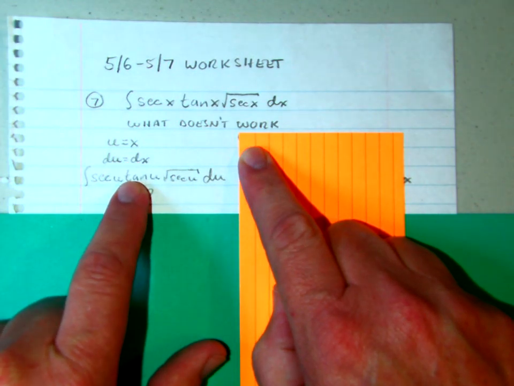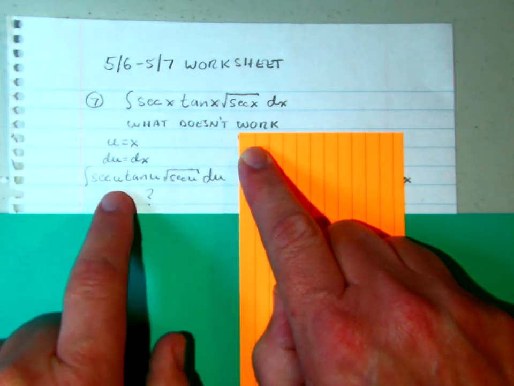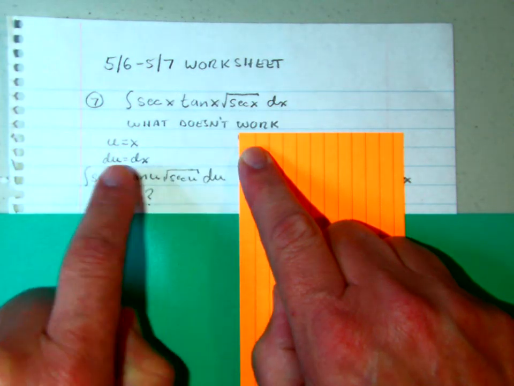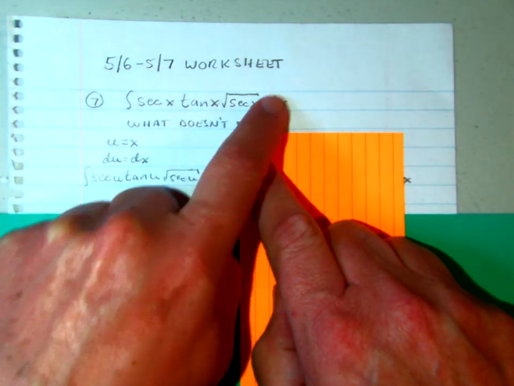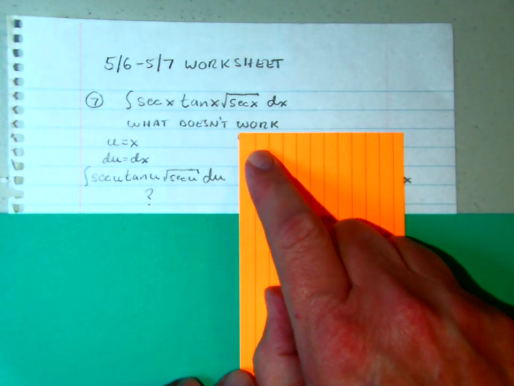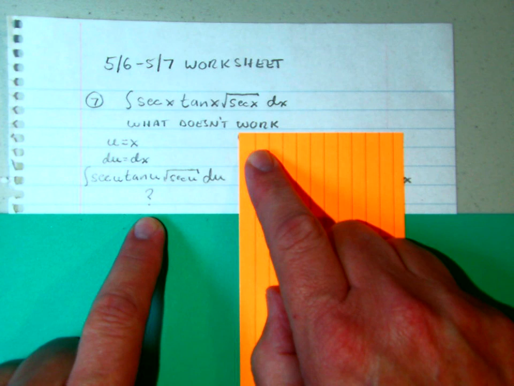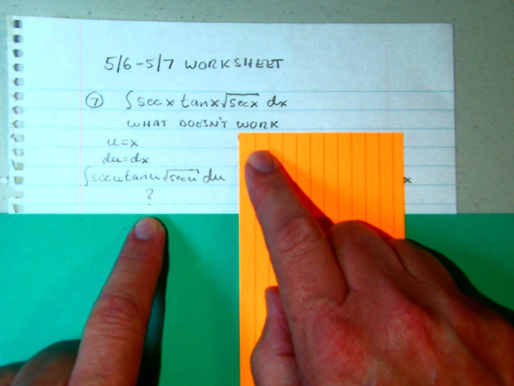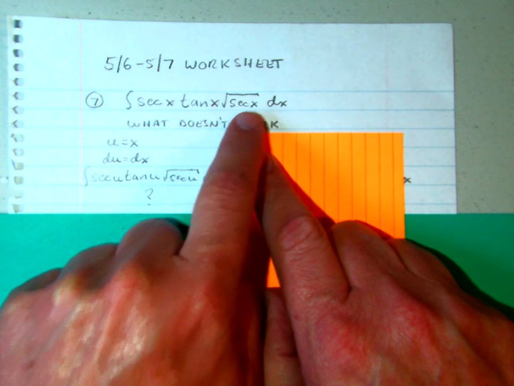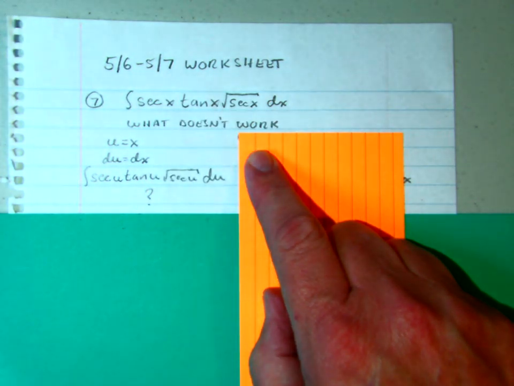When we substitute in, those three x's get replaced with u's, and the dx gets replaced with du, and we basically have the exact same expression back again, except instead of x's, it's u's. So for this particular problem, letting u be the thing that you're taking a trig function of doesn't work.